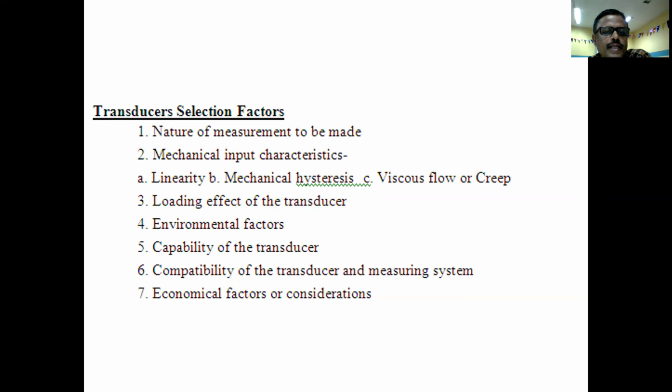Loading effect of the transducers. Then environmental factors. Capability of the transducers. Compatibility of the transducer and measuring systems. Then economical factors also need to be considered. So these are some of the transducer selection factors.